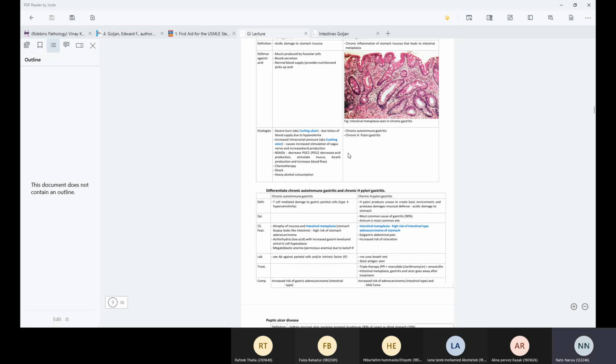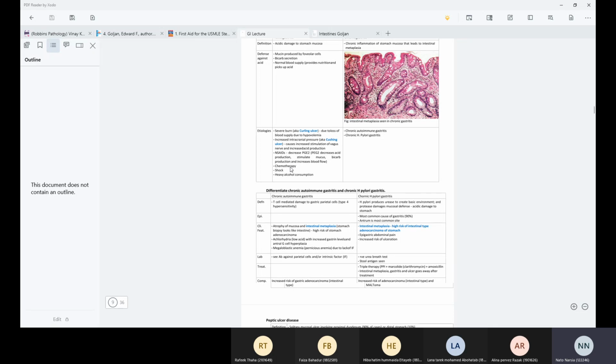NSAIDs, you know already, because they decrease prostaglandins, and prostaglandins protect our mucosa. What happens in chemotherapy? Chemotherapy is important, particularly in leukemia. A leukemia patient gets gastritis because chemotherapy affects cells that proliferate fast, right?